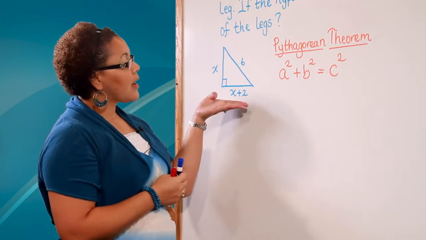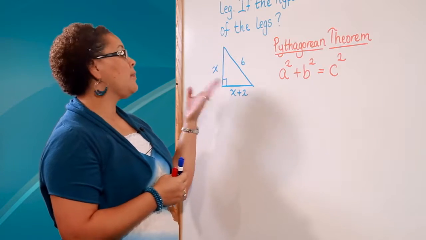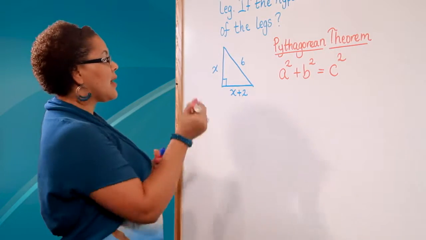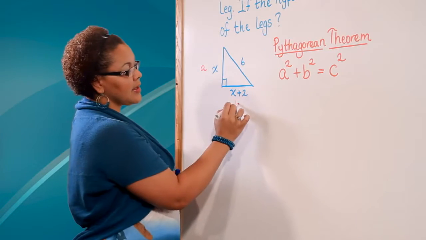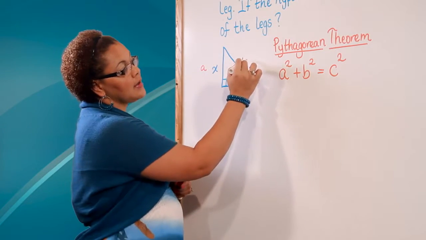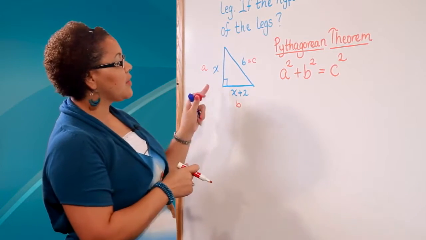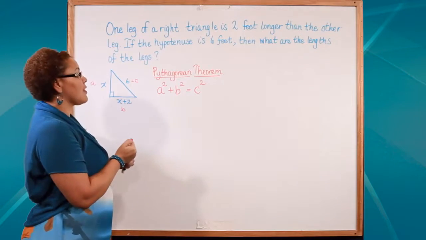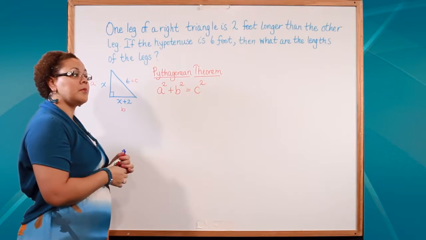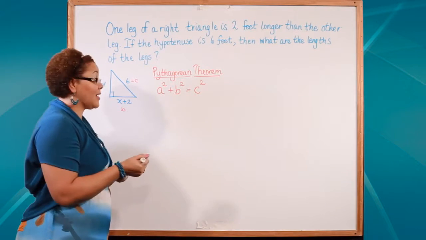So we're going to take our diagram of the Pythagorean theorem, and again, because I know this is leg A, this is leg B, and this is side that we call C, the hypotenuse, I'm going to take each of these expressions and insert that into the Pythagorean theorem to find the lengths of both sides.